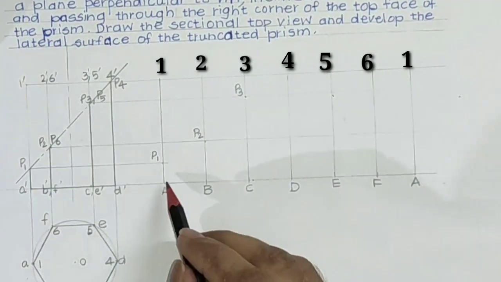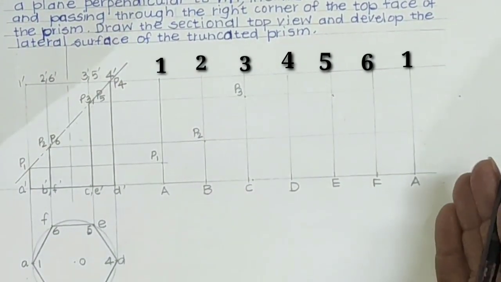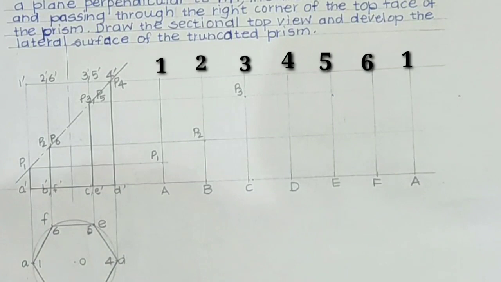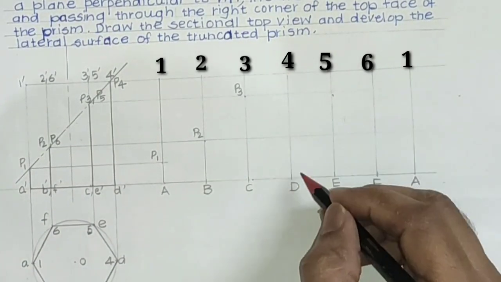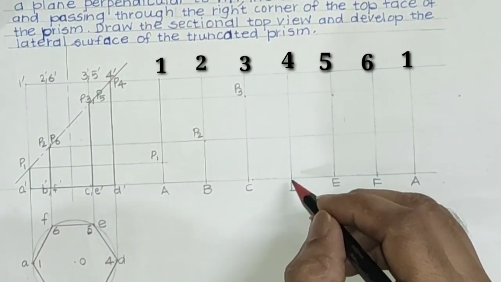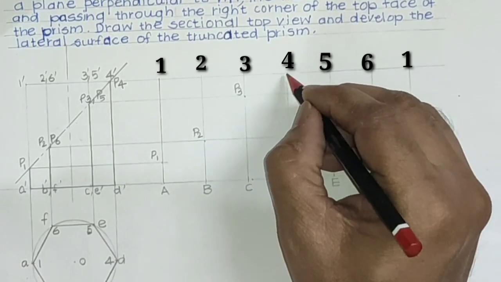The starting and ending point will be same because we have opened the surface. After joining the surface, the starting and ending point will coincide.